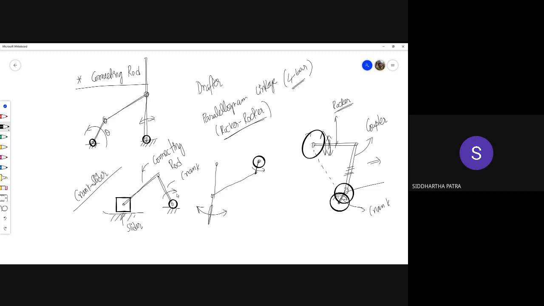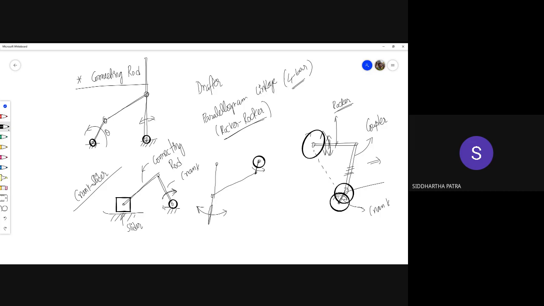As the crank rotates, typically this one is either attached to a motor or to an engine, and when this thing rotates, this crank is attached to a shaft, which is either driven by a motor, or it is driving a shaft with mechanical load.